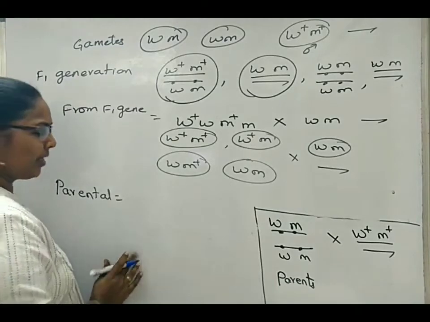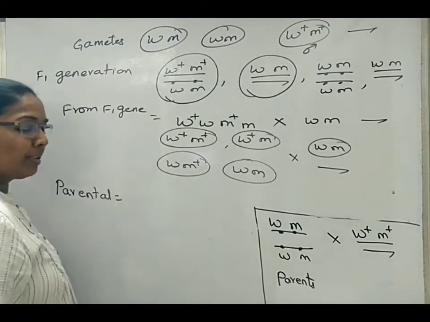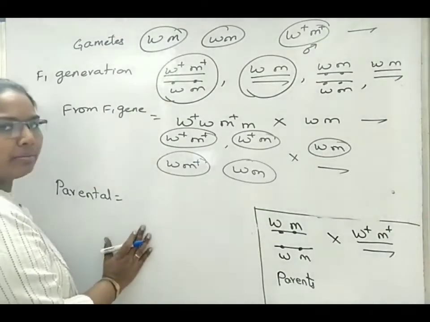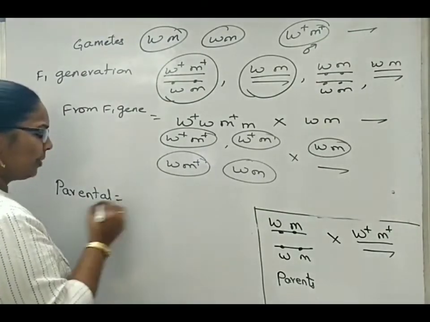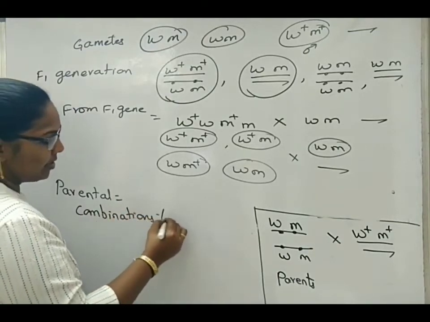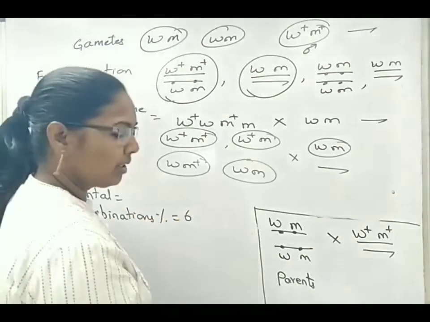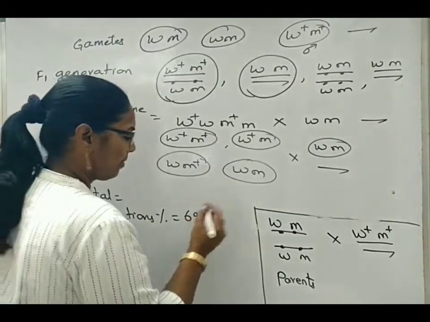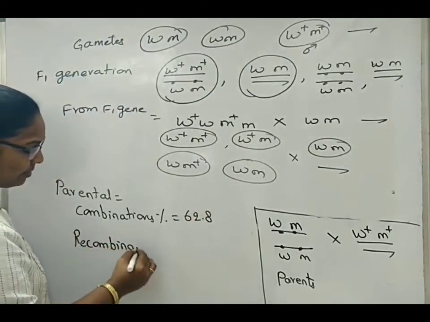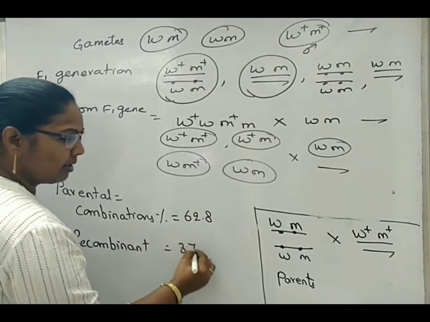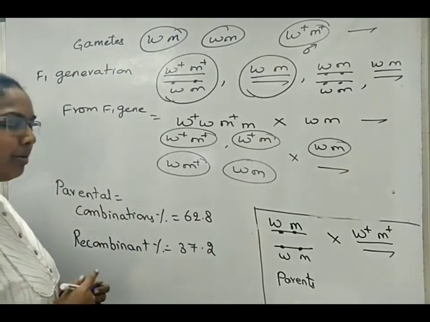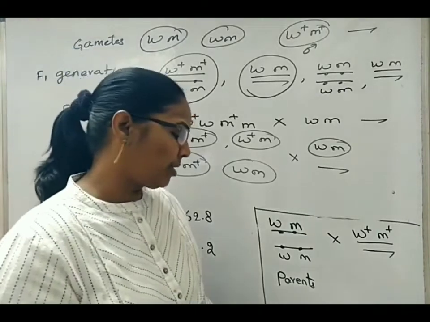The percentage is different because it is not possible for the fruit fly or Drosophila to consider only 4 and all that. There will be many flies. Parental combinations percentage is 62.8 and recombinant percentage 37.2%. So this is about Morgan's second type of cross.